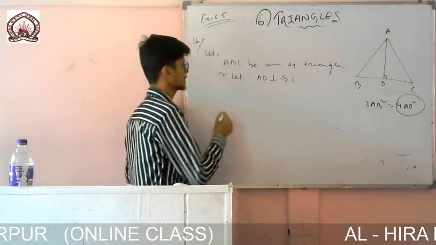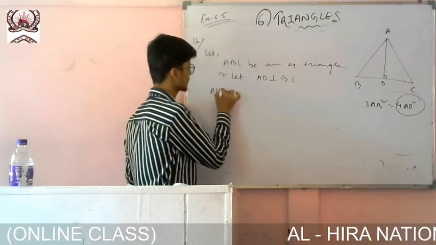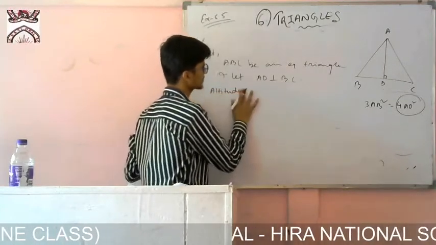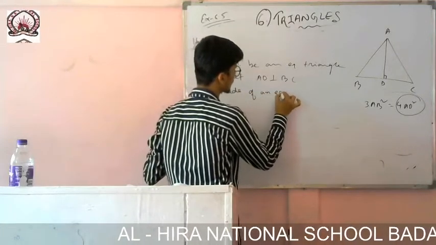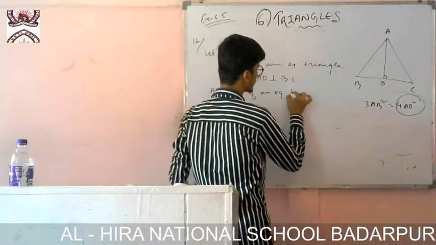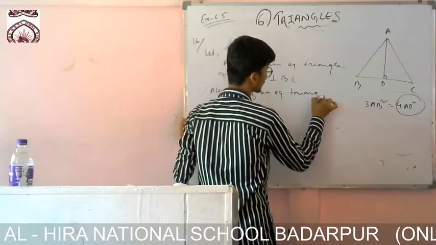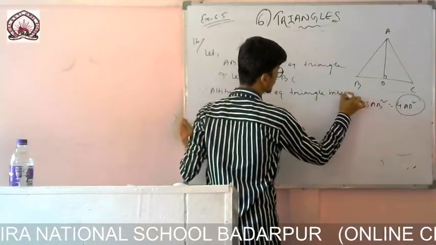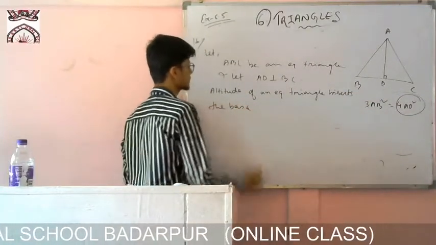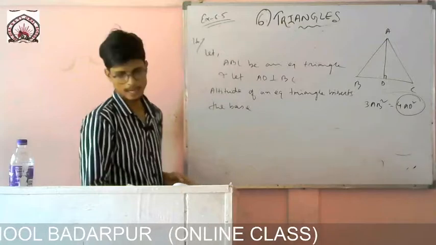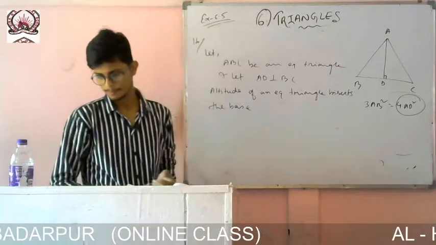So we know that since the altitude of an equilateral triangle bisects the base, you write it in full, the altitude of an equilateral triangle bisects the base.